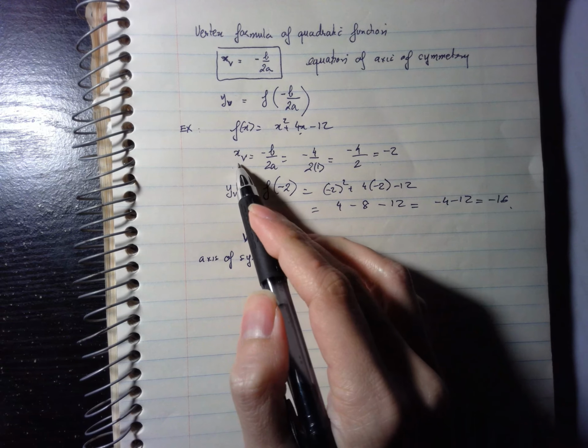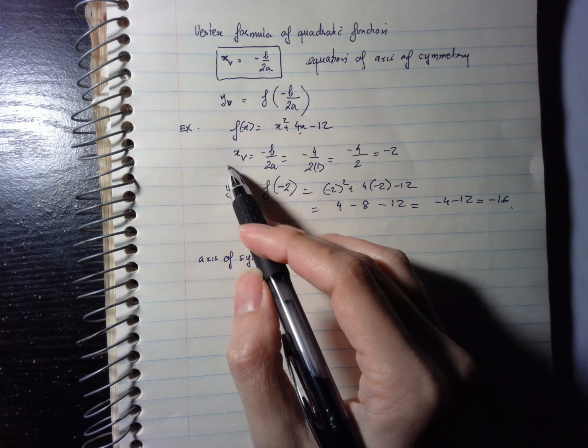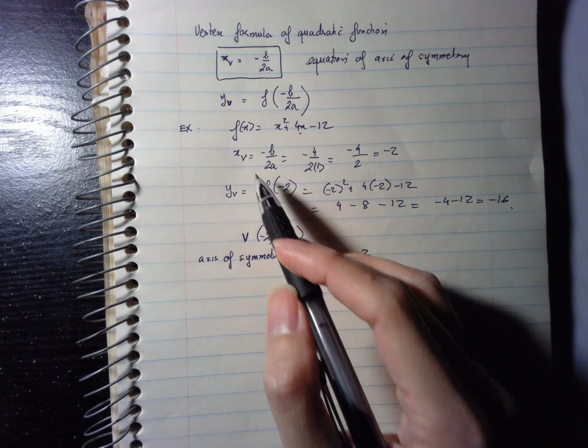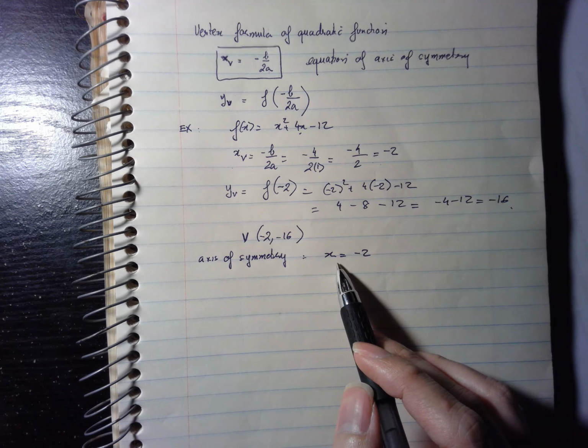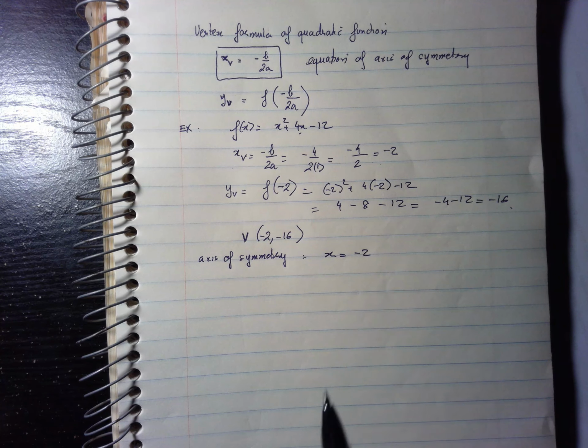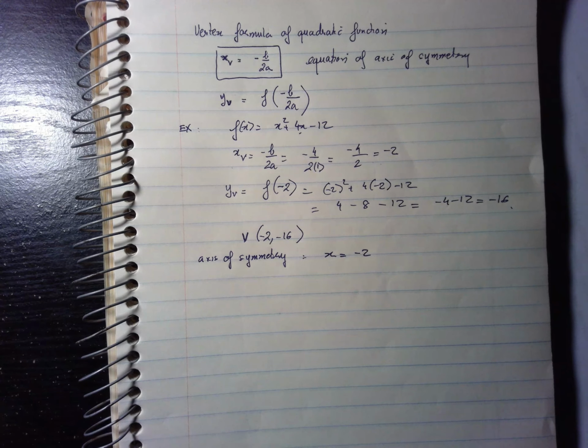You don't put xv anymore, because xv is the component of the vertex point. However, the axis of symmetry equation is x equal to negative 2. The reason we want to find the vertex and define the axis of symmetry is because it helps us to graph the quadratic function better.